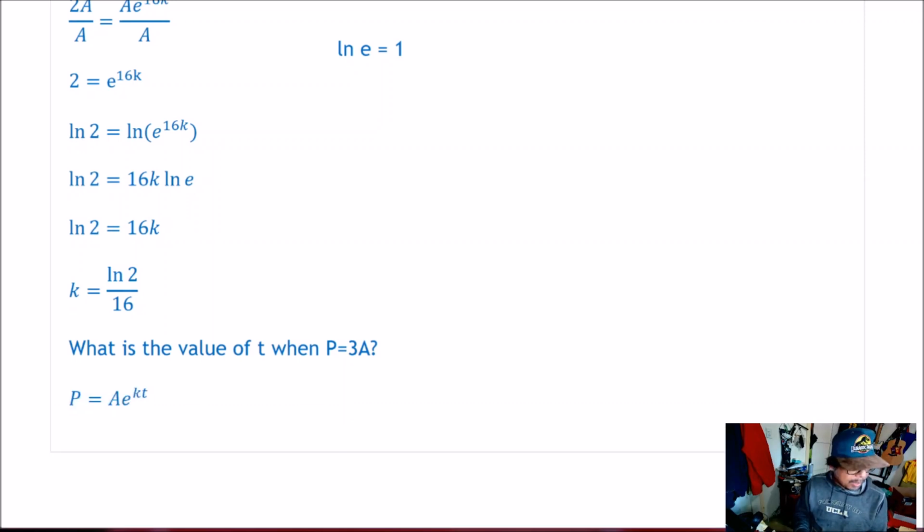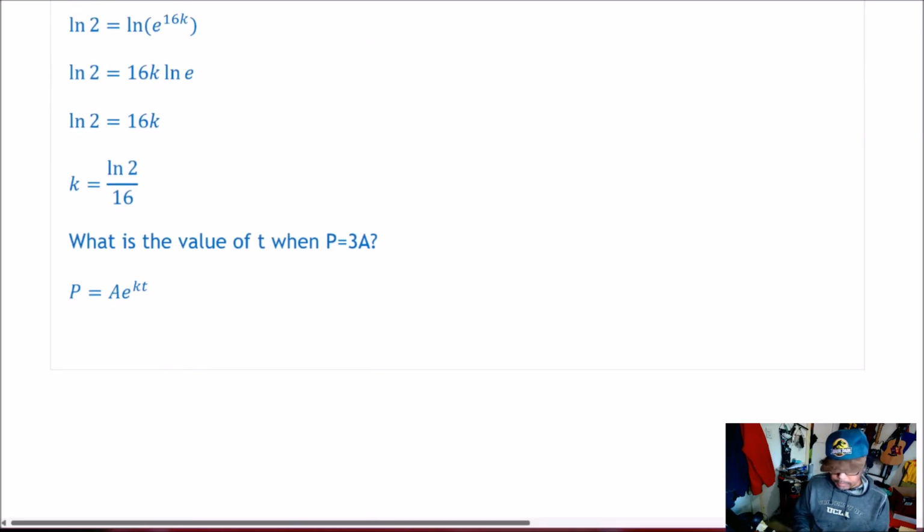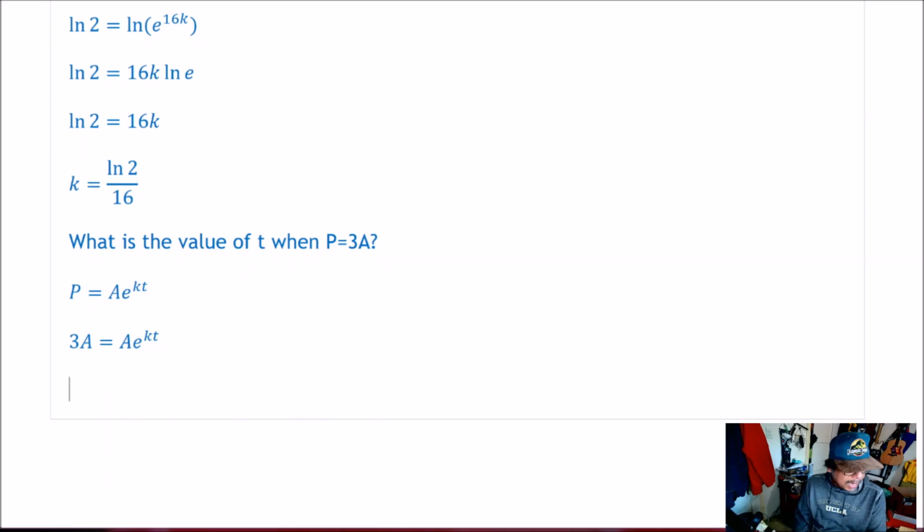Starting with a population equal to a e to the kt, we can get to 3a equals a e to the kt, which means 3 equals e to the kt. Then we're going to take natural logs on both sides.